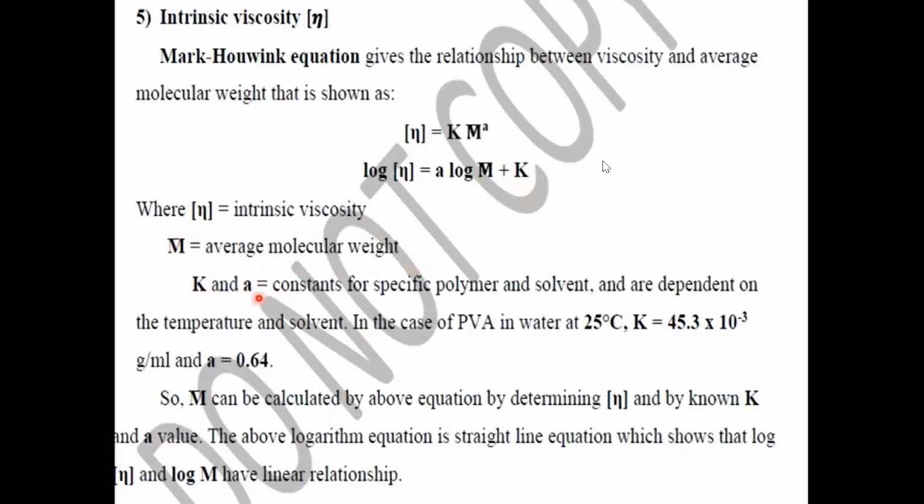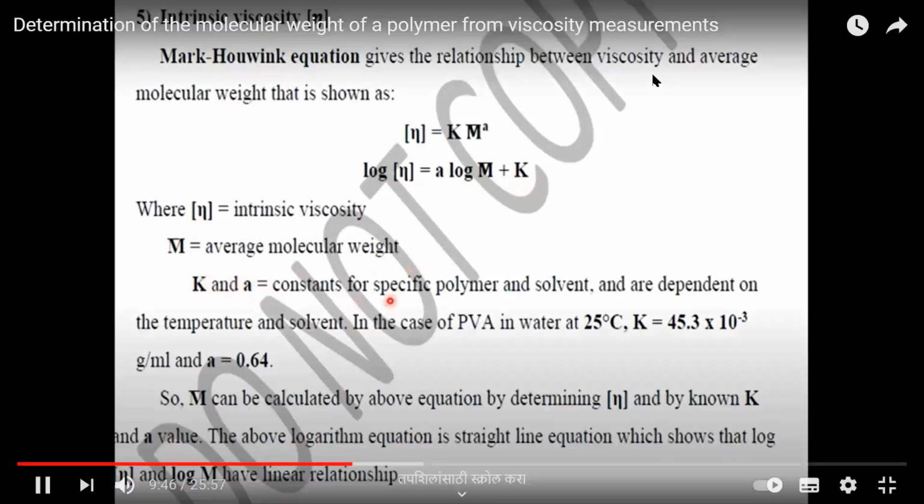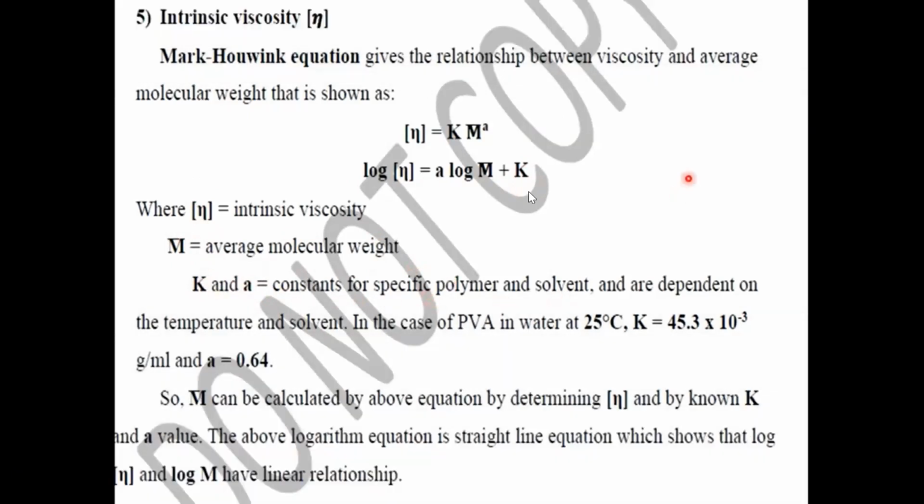But constant for what? Constant for the specific polymer and solvent. That means if we use, for example, polystyrene as a polymer solution, we have K and a for the polystyrene polymer.